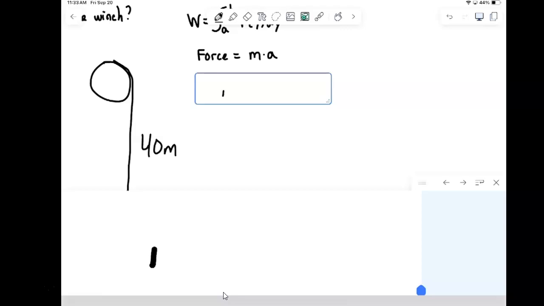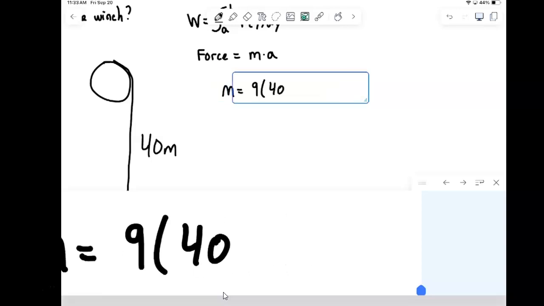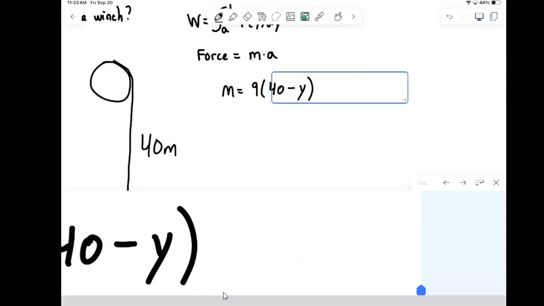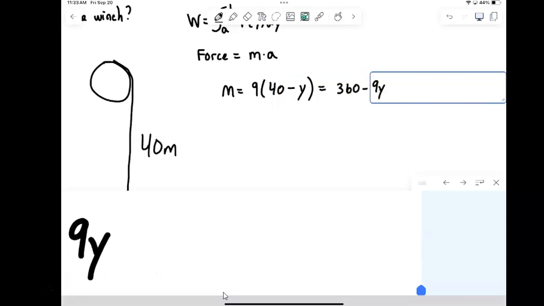So our mass function here is just the density of the chain times how much chain we have. Well, if we've wound up y meters of the chain, then we have 40 minus y meters remaining to lift. And so that would just be 360 minus 9y.